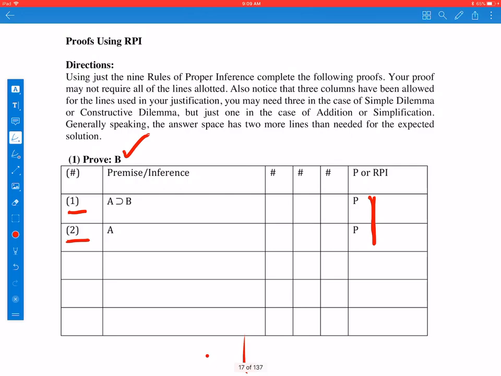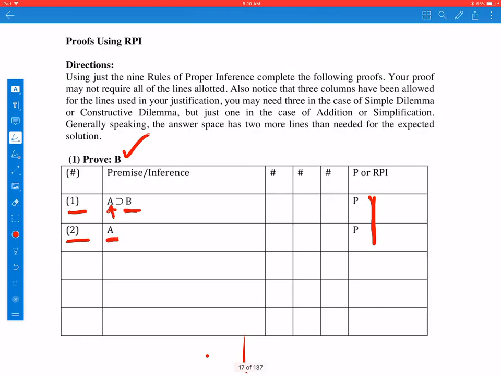So the first thing that we would do is look over the premises to look for a B, and we see that there's a B in the consequent of line 1. Okay, so since this is a conditional, if we can find an A, then we know that we have a B by the rule modus ponens.